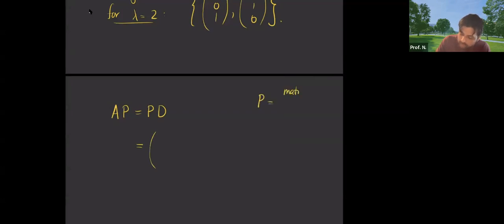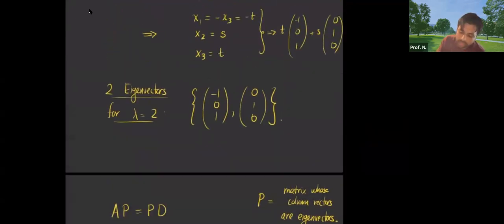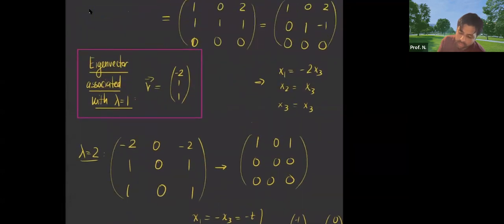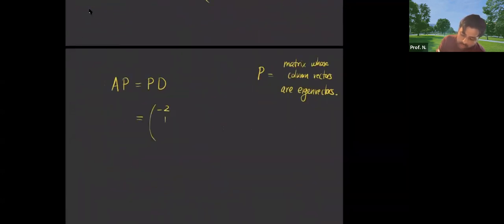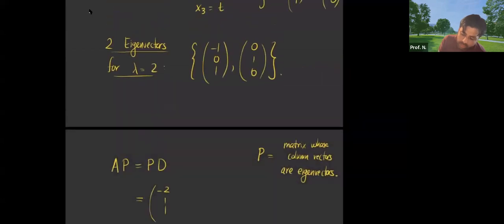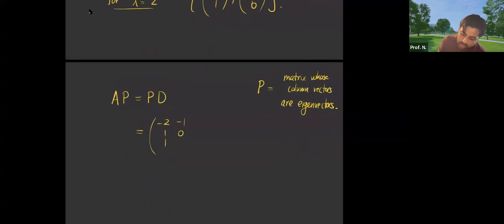P is the matrix whose column vectors are eigenvectors. So P is going to have, let's put lambda 1 being first. So the eigenvector here is -2, 1, 1. And then the next column will be -1, 0, 1. And then 0, 1, 0.